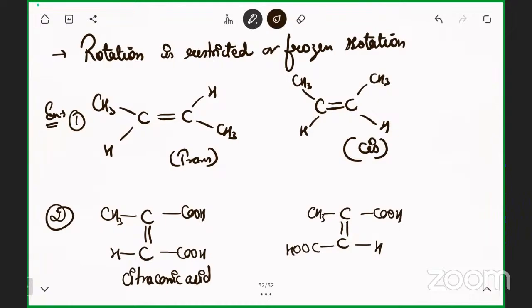Now both the groups are on different sides, and this is called mesaconic acid. So this is cis form just because COOH is on the same side. This is trans form. Clear?